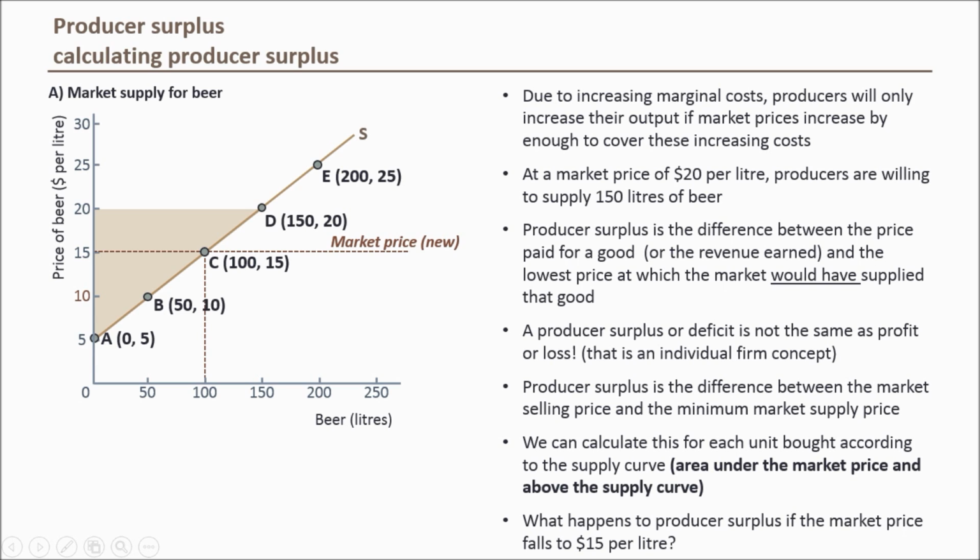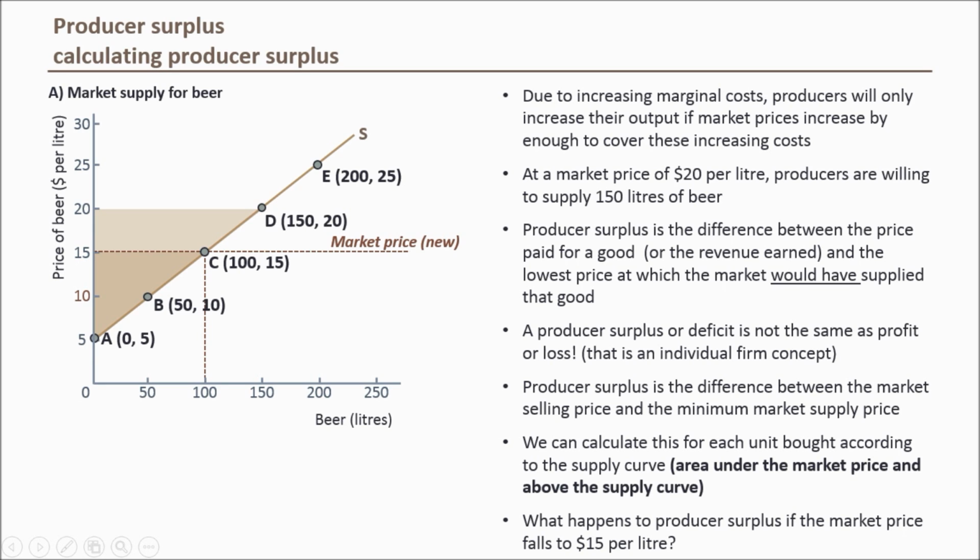To calculate the new producer surplus, we simply calculate the area underneath the new market price level of $15 per litre and above the supply curve. This area is represented by the triangle defined by point A, point C, and the $15 price point on the y-axis.